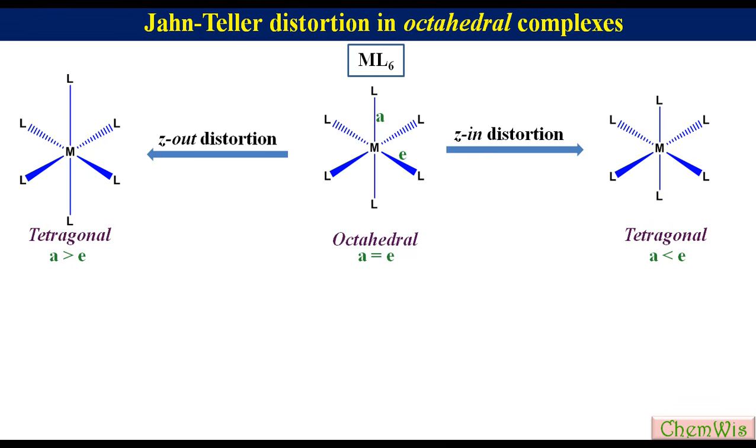This tetragonal distortion from octahedral symmetry is called Jahn-Teller distortion in octahedral complexes.